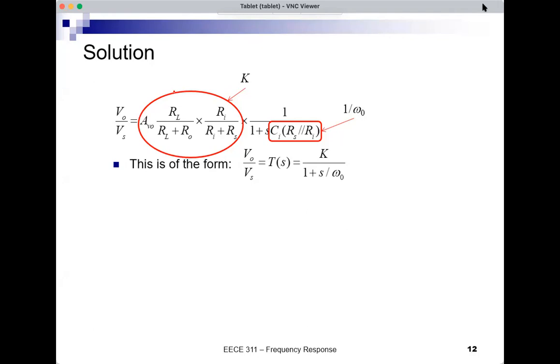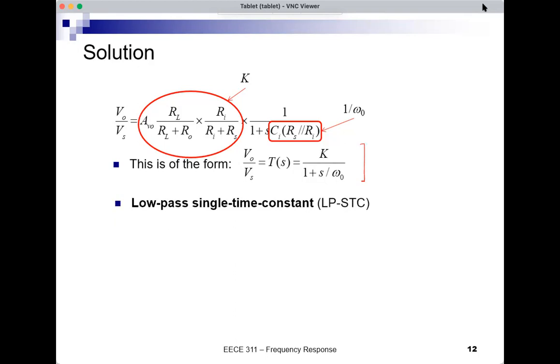Why is this form interesting? Why did I write the transfer function in this form? This is something that we're supposed to be very familiar with. This is called the low pass single time constant transfer function.